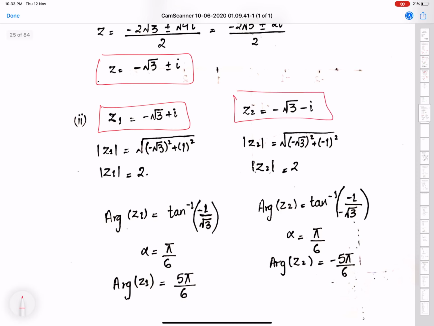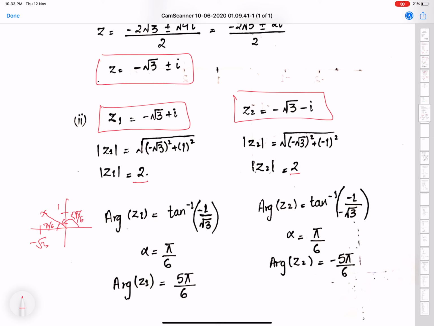You know how to find modulus, magnitude, and for argument, always draw the Argand diagram. This is minus root 3 and this is 1i. So this is pi by 6, so the argument will be 5 pi by 6.